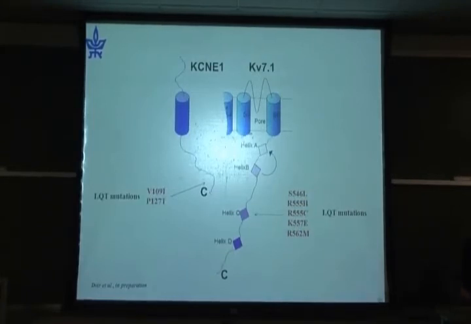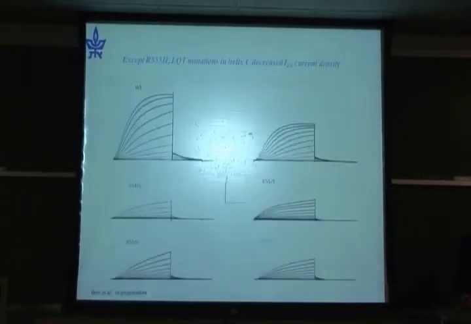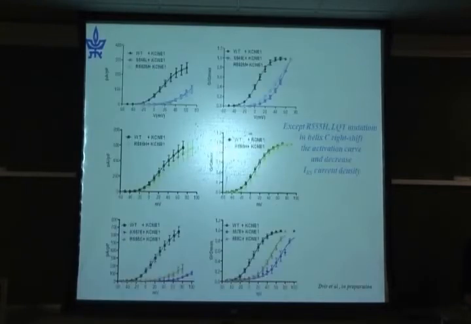So we analyze on the side of the alpha subunit the long QT mutations of the coil-coil helix C, and we found that most of these mutations, except the R55H, are affecting the current density, so they decrease the current density. These are the data, as you can see here. This is the H mutation, which is not affected.